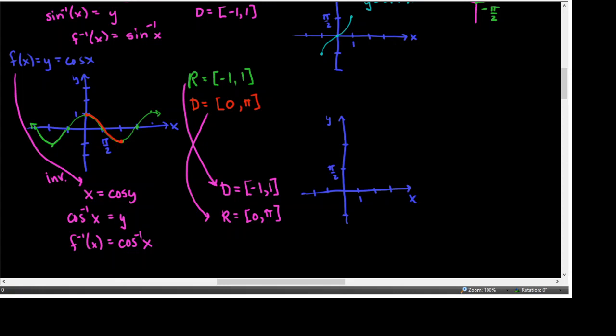So this is going to be the graph of y equals cosine inverse of x, also known as arc cosine of x. So using the points that I see, 0, 1 will go to 1, 0, switching the x and y pair. Pi over 2, 0 will go to 0, pi over 2. And pi, negative 1 will go to negative 1, pi. And that graph looks like this.